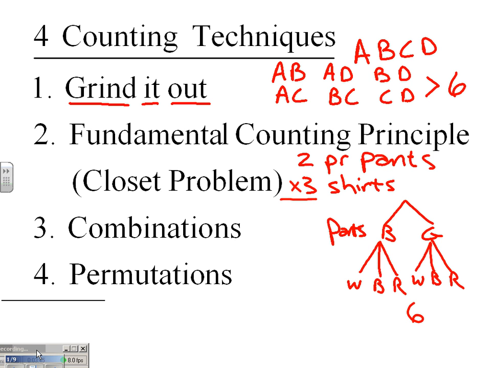So I'm not going to wear two pairs of pants or three shirts. That would not be such a great decision if I was going out, but I'm going to choose from two pair of pants and three shirts. That's a multiplication principle or fundamental counting principle, which we may classify as a closet problem.